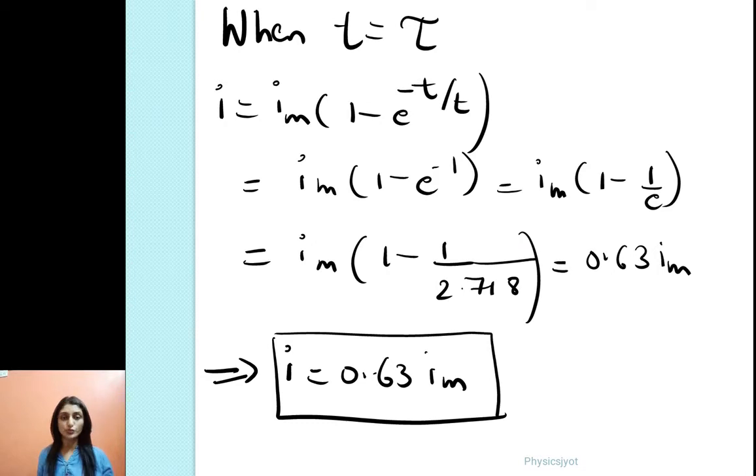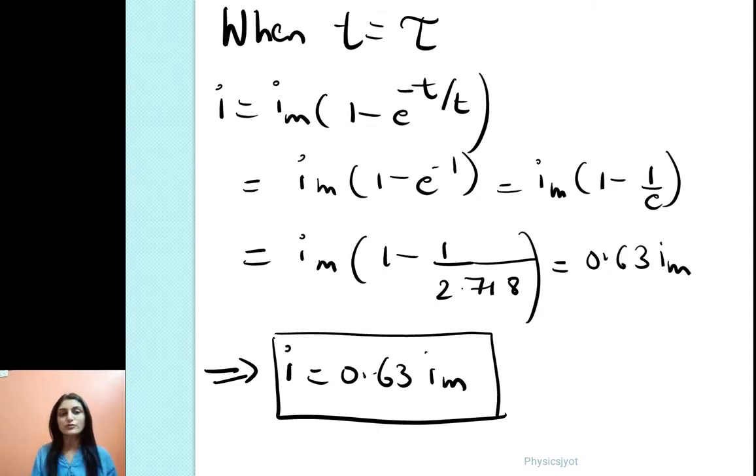At t equals tau, in the sense when it is equal to the time constant, we will get I equals Im (1 minus e raised to minus T by T). So that will become e raised to minus 1. We know the value of e is 2.718. So if we substitute that and calculate, we will get I equals 0.63 Im.